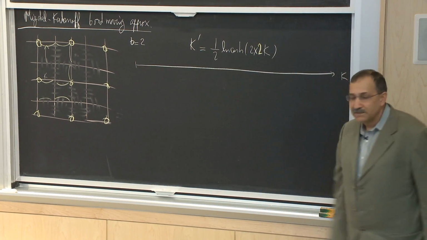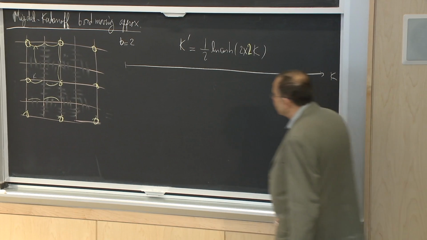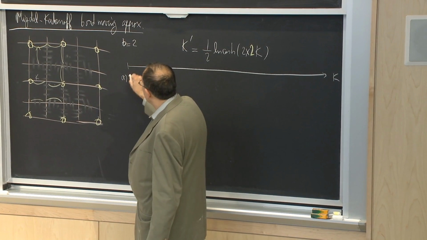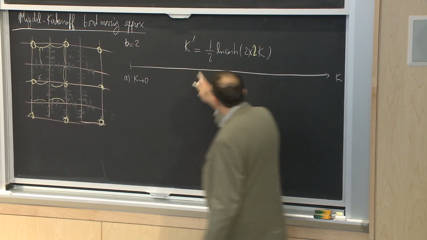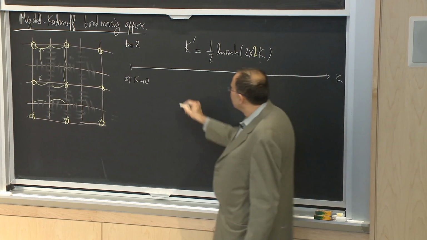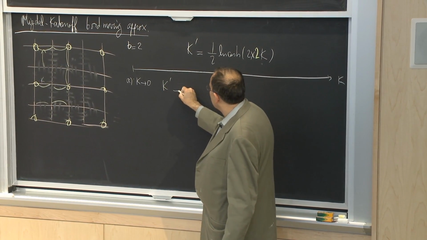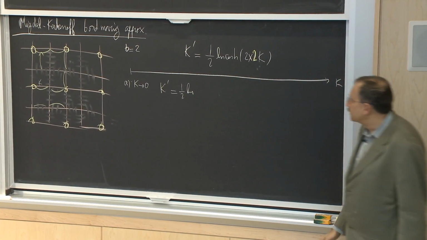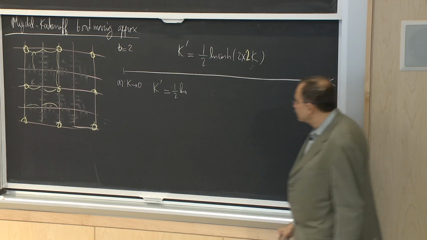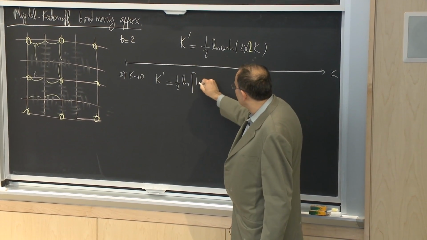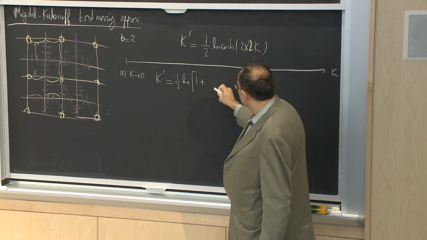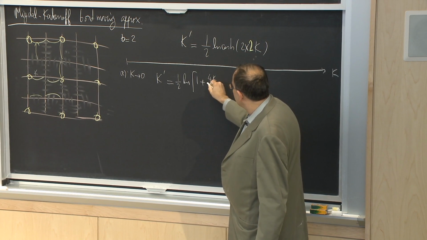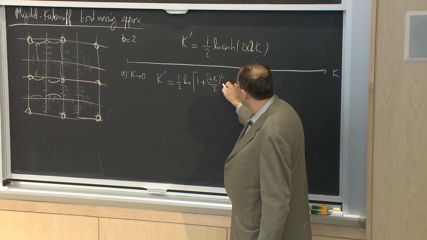And we can do the same thing that we did over there. So we can check that for k going to 0, if I look at k prime, it is approximately 1/2 log of hyperbolic cosine of something that is close to 0. So that becomes 1 plus the square of this quantity, which is 4k squared over 2.